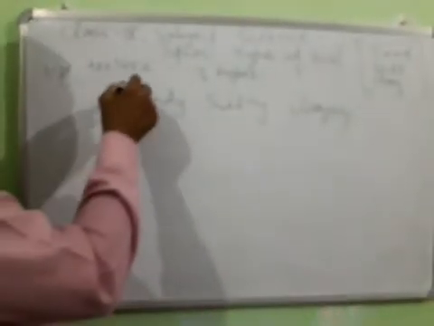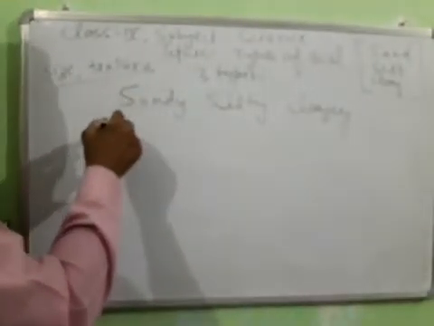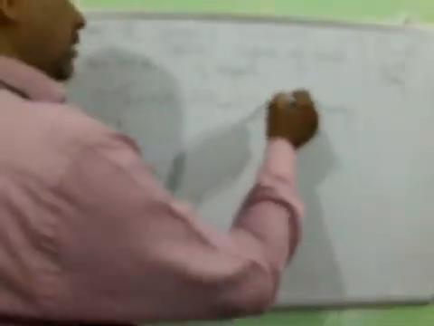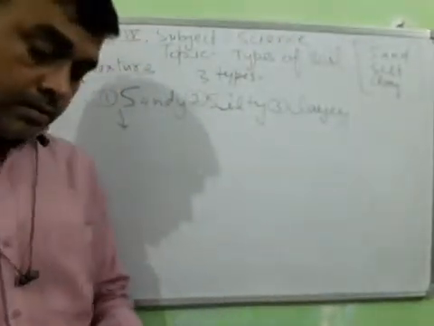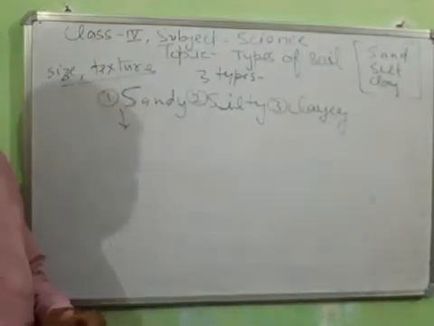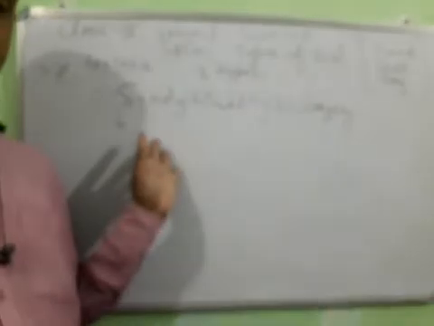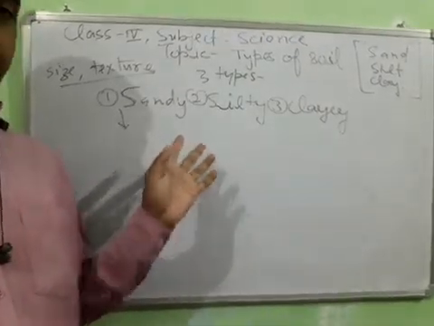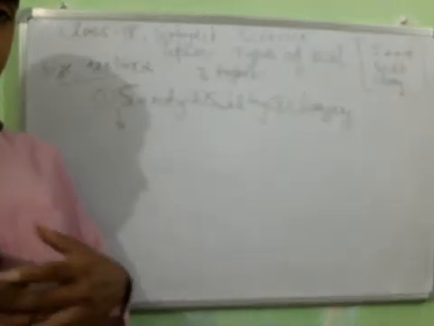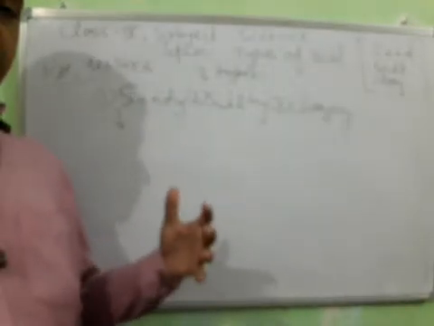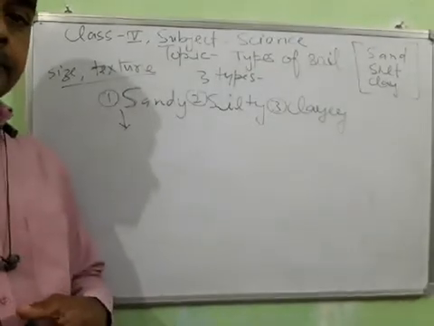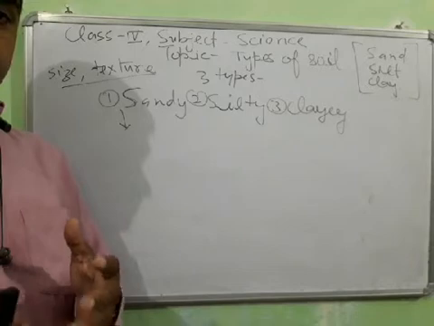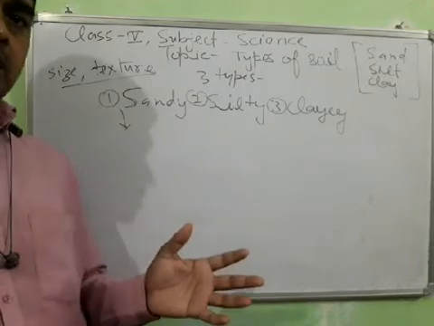First is sandy soil. In this type of soil, the particles are very large, and there is a lot of space in between. So the water holding capacity is very poor.